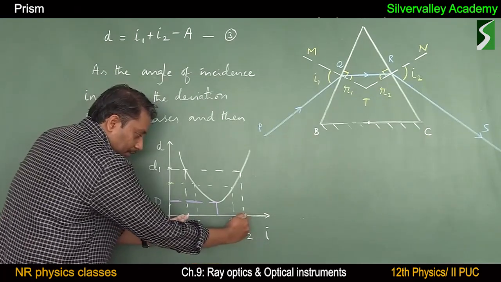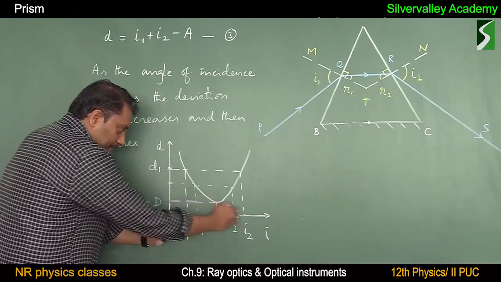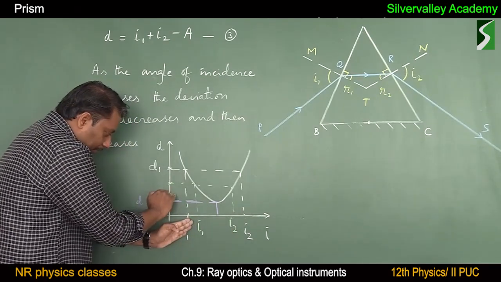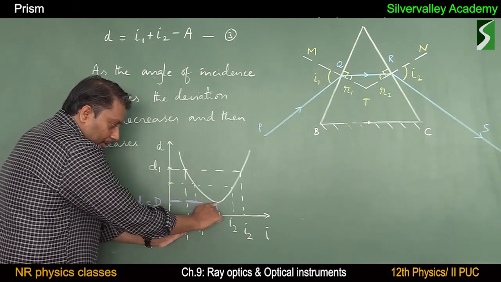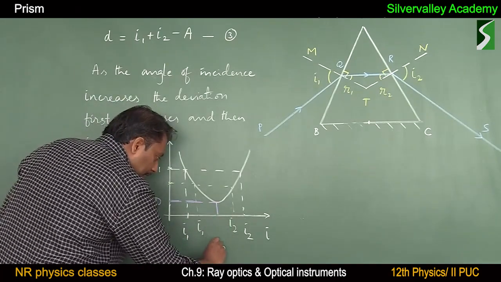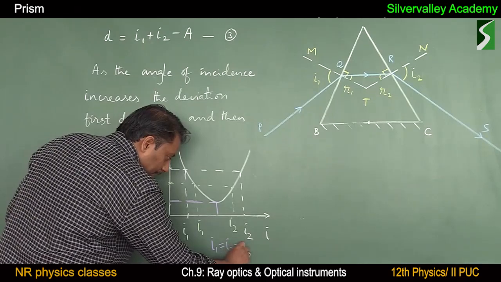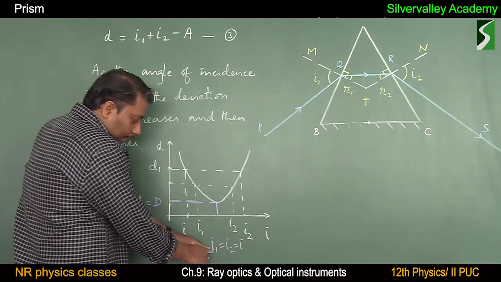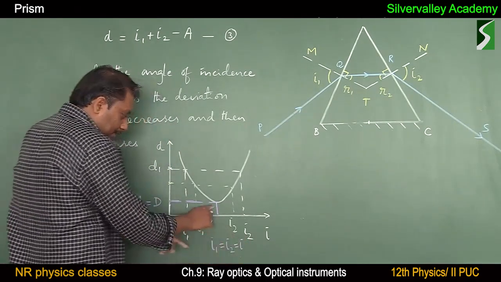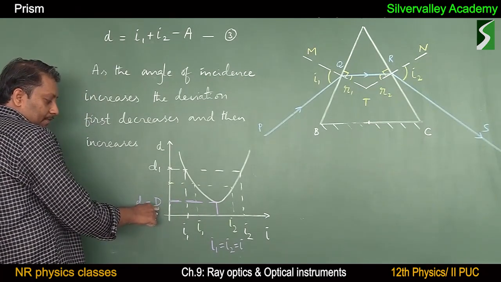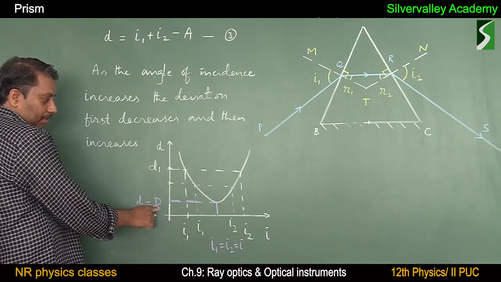See, these two are I1, I2. If deviation decreases, I1, I2 approach each other. If deviation further decreases and reaches this point, there I1 is equal to I2. Let it be equal to I. So, I1 equal to I2 equal to I only at this deviation called minimum deviation.